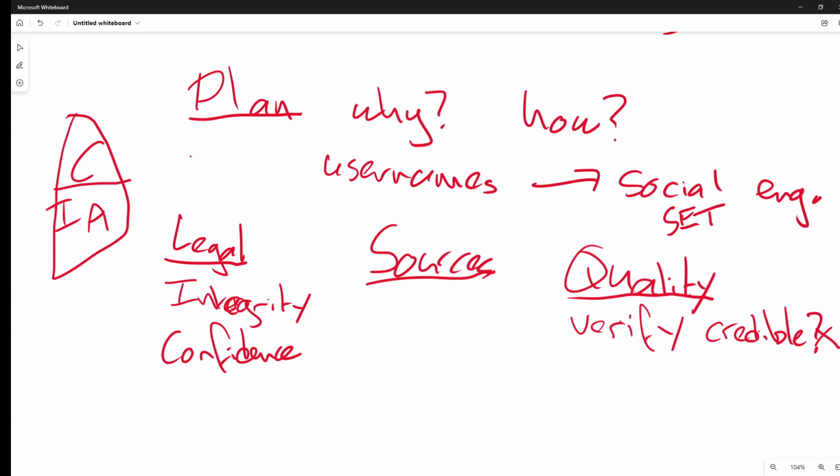Any hacker has confidentiality, integrity, and availability, it's all there. And as ethical hackers, you need to make sure that you're legal, that the information is verifiable, and that the integrity of the information is acceptable, and the confidence that you are being given can change, especially if the OSINT information is encrypted.